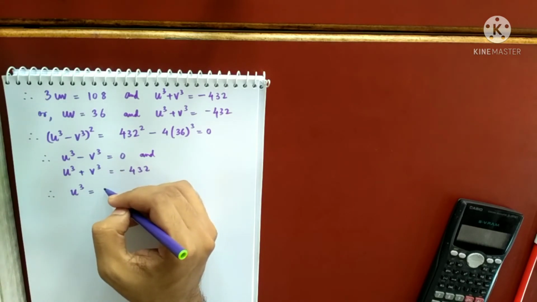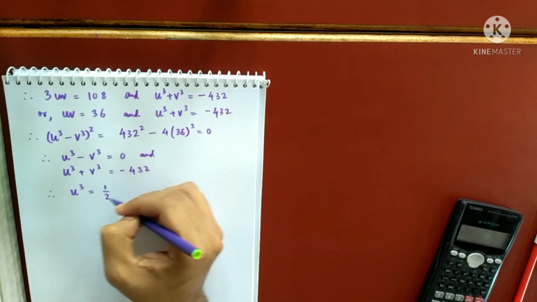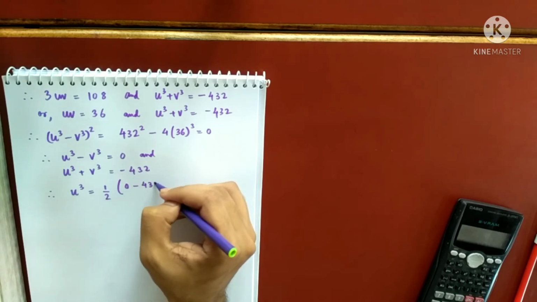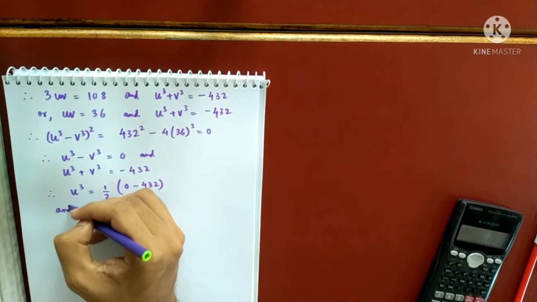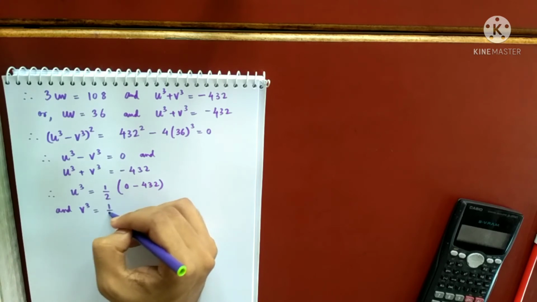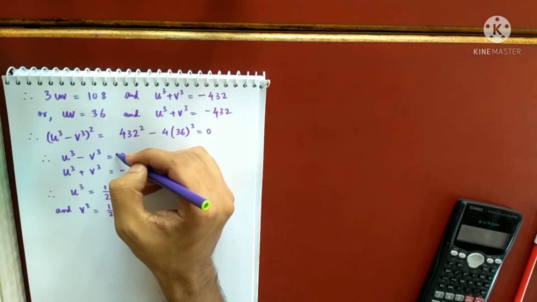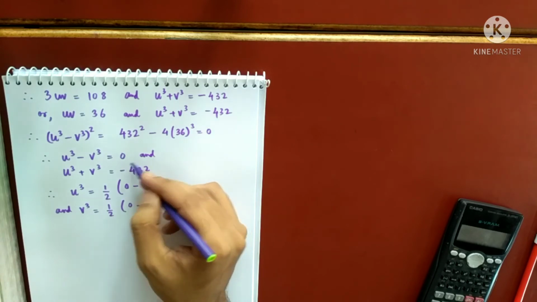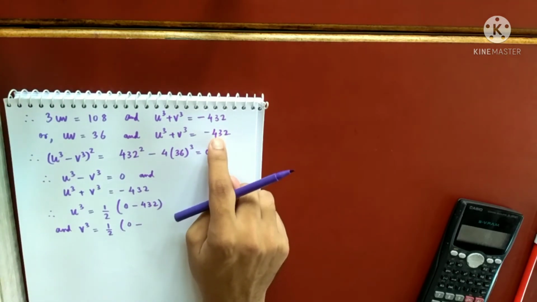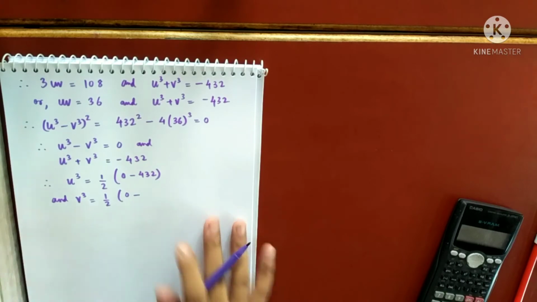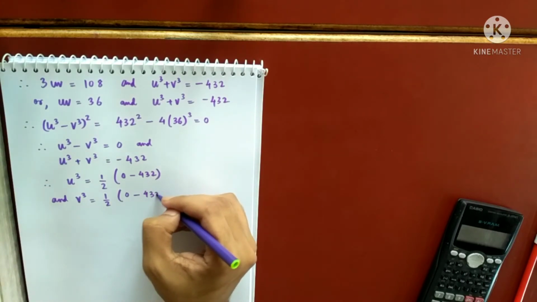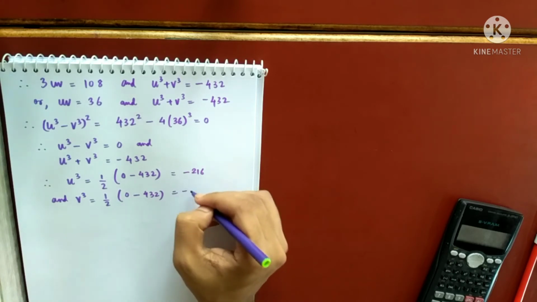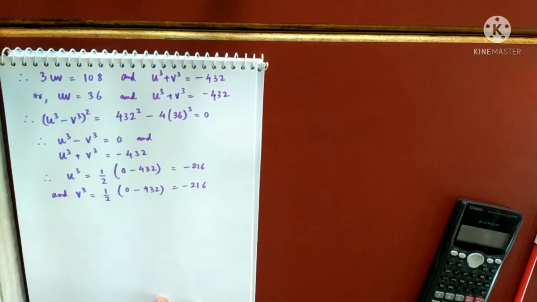So u cube, once you take plus 0 and once minus 0, which is the same, minus 432 by 2, because you take plus or minus. The sign of this will always be the same. So this is nothing but minus 216, minus 216.